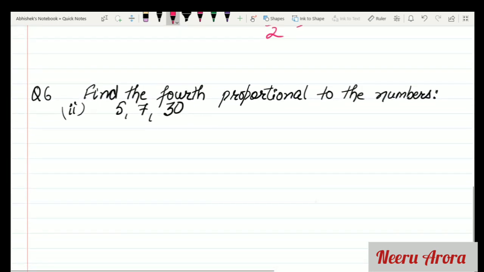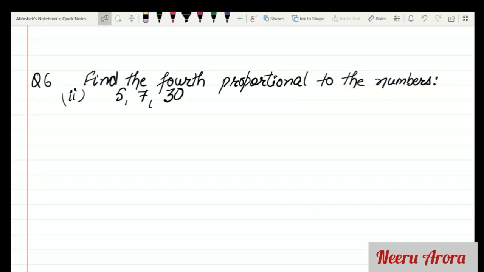Look at question number 6. Find the fourth proportional to the numbers 5, 7 and 30. We don't know the fourth proportional to this.